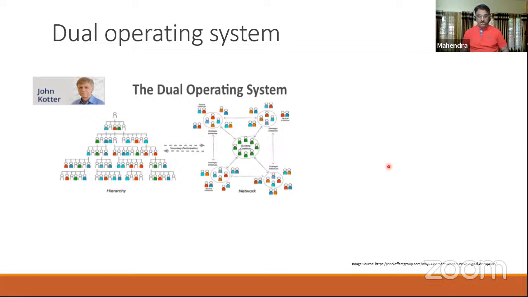That is when John Kotter, a Harvard professor, suggested something known as a dual operating system, with the network, which focuses on speed of innovation and customer centricity, and the hierarchy, which brings in efficiency, stability, repeatability, and things like that. He suggested that organizations need to move towards having a dual operating system.